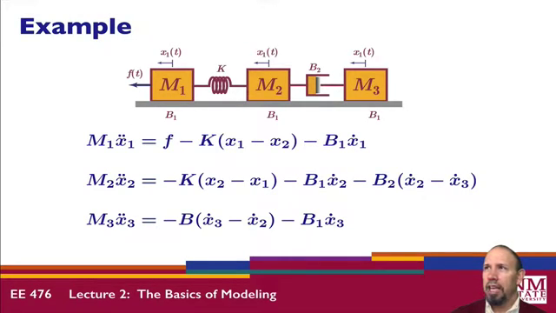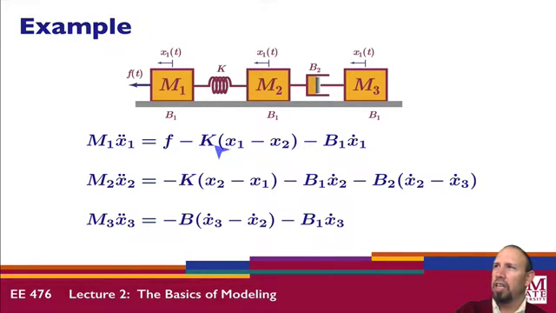So with mechanical systems, we can write mechanical equations, which are basically all Newton's law equations. The sum of the mass times acceleration is equal to the sum of the forces. Notice here in this first mass times the acceleration, that should say x2, that should say x3. Sorry about that.